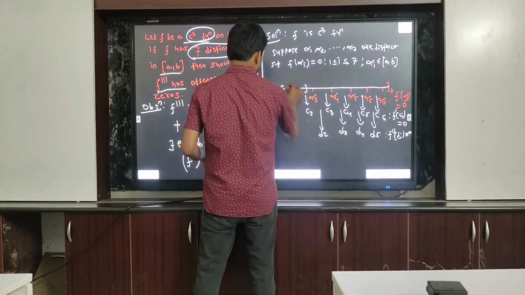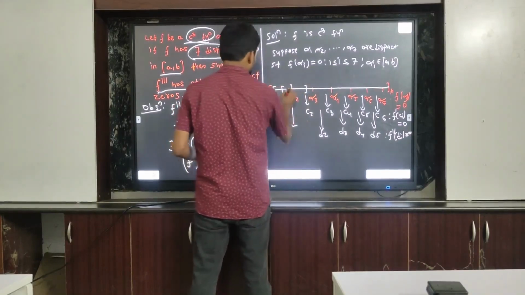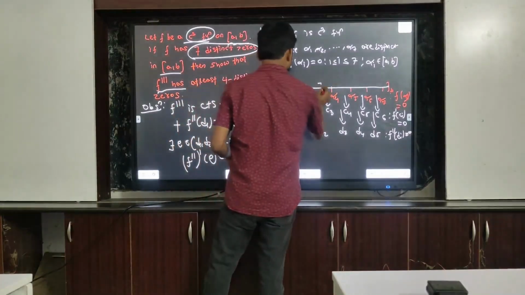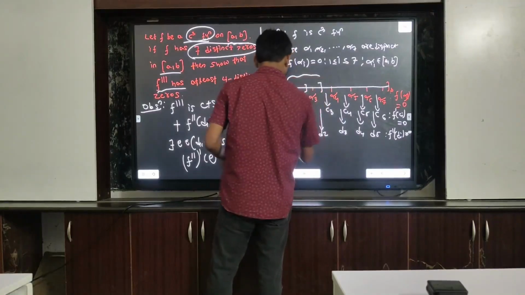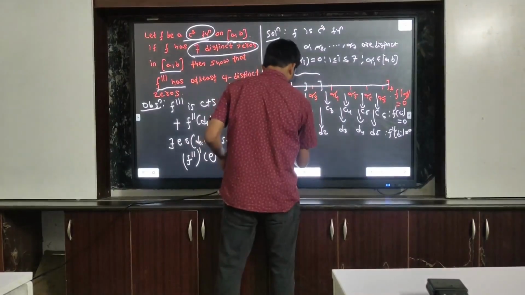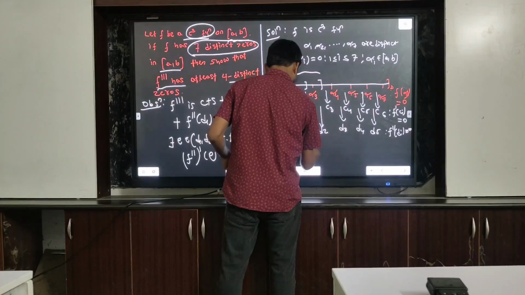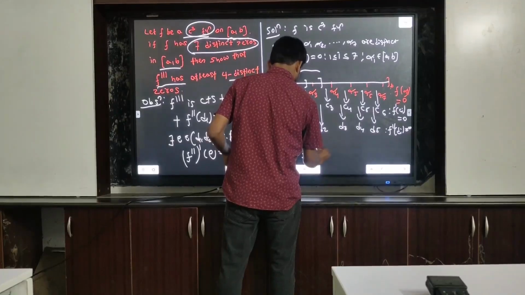Suppose this is our d1 and this is our d2. In this interval, there exists some e1 such that f triple dash e1 is equal to 0.